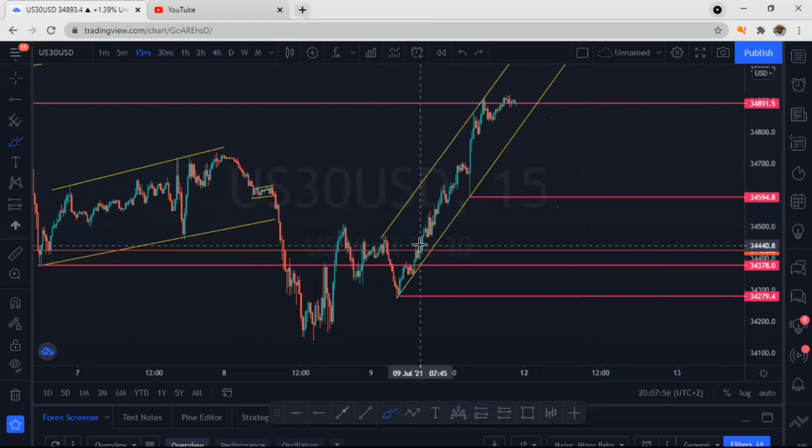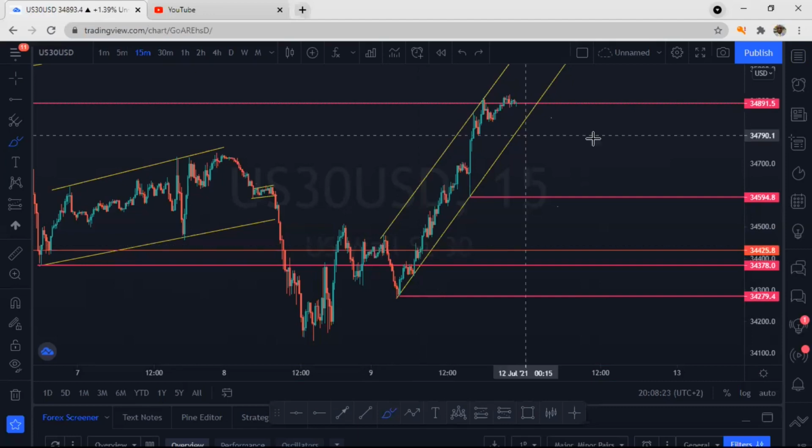So now we have to understand the reversal patterns, when the price is changing direction. Like head and shoulders, W pattern, M pattern, those patterns are the reversal patterns. So guys, let's go to Nasdaq and not waste time.